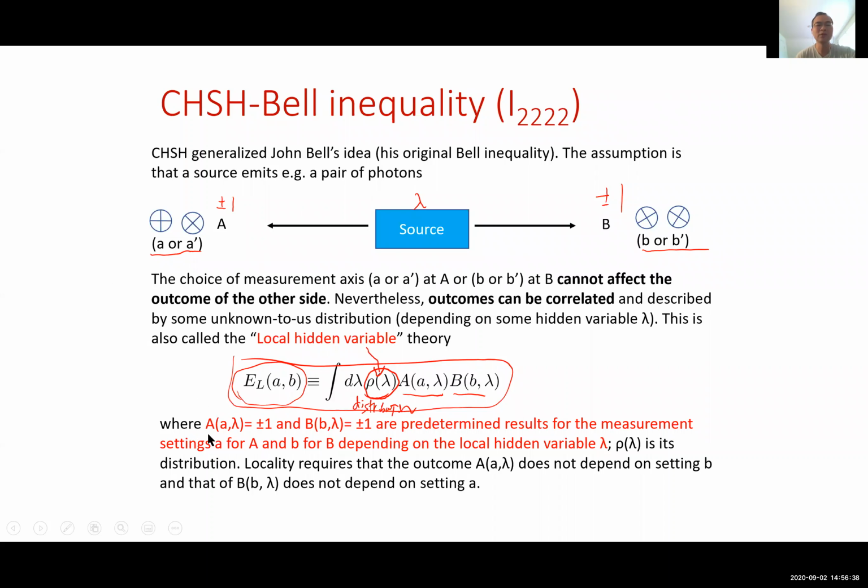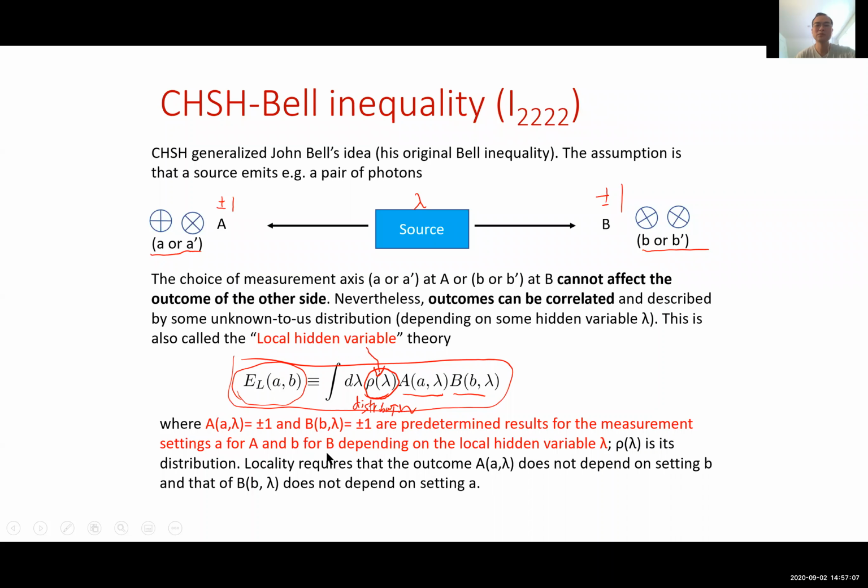Okay, so let me just go slowly here. Let me just read this. Capital A and capital B, the values that you measure, would only be plus 1 or minus 1. In terms of this local hidden variable, the value that you will get is already determined when the particle leaves the source, and it's just randomly distributed.